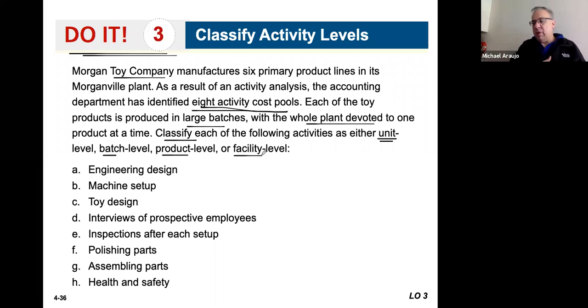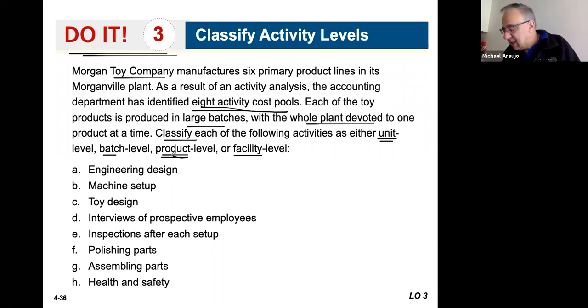And this is, again, where that illustration I was showing you would come in handy. For A, the engineering design, well, engineering design is about the product. Engineering is creating the product. So that would be a product level classification. A would be product level.